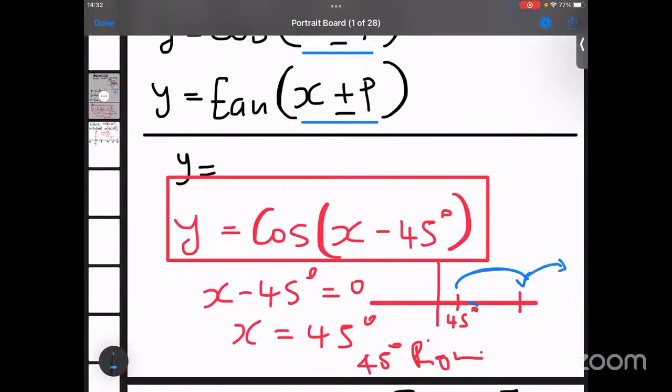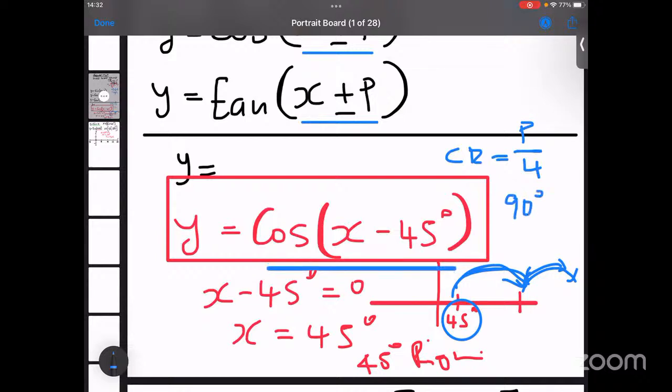This one just tells you where to start and then increase by the critical value, which still uses that same formula, the period divided by 4. So for this function, it would be again 90 degrees. So shifting by 45, you start from 45 and then you keep on adding 90, 90, 90, until that range where they said x is an element of whatever.